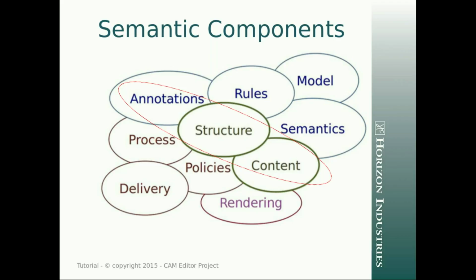That's how XSD schema works. In addition, you have business rules about the structured components, and then the data model. And so what we're looking to achieve is to use the CAM template to manage all of these five pieces.